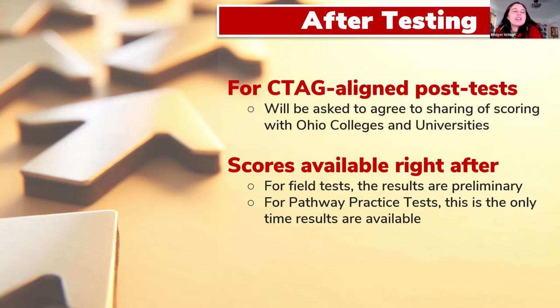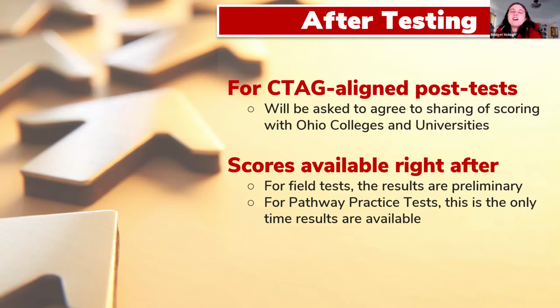One other note is we do provide those practice tests for each pathway, not each course. We don't really have the same kind of reporting features for pathway practice tests. So just note that this is the only time the results will be available.